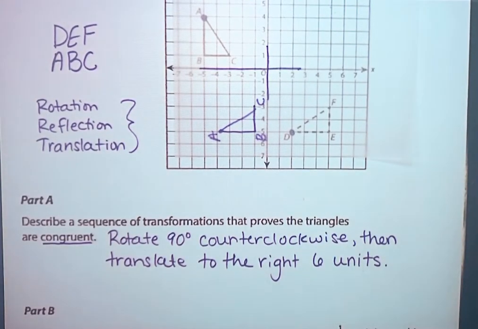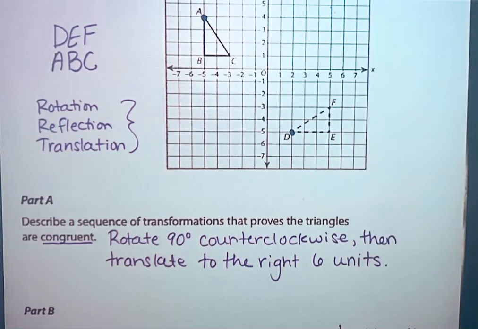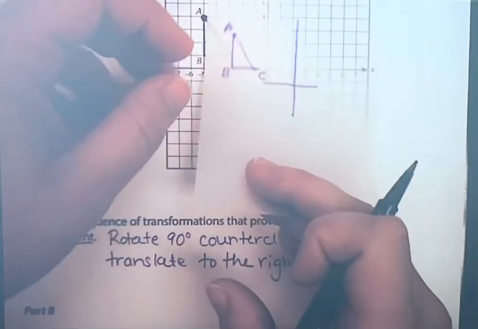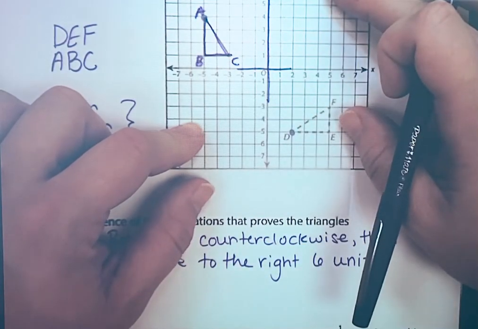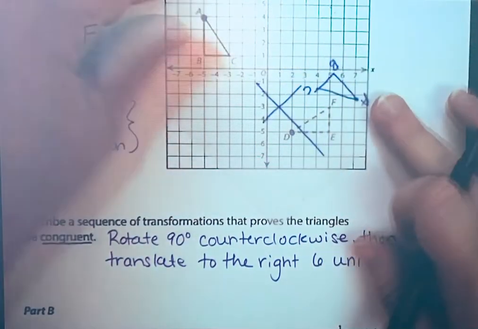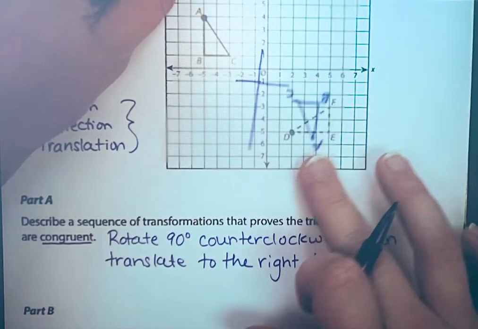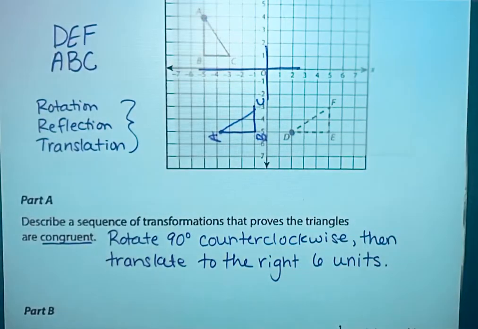And that's all you need for your statement. You don't have to prove that it's congruent because by saying rotate and translate, you know your image is going to be congruent. The other option is if you go back and you start there again, you can actually rotate 90, 180, and 270 degrees clockwise.